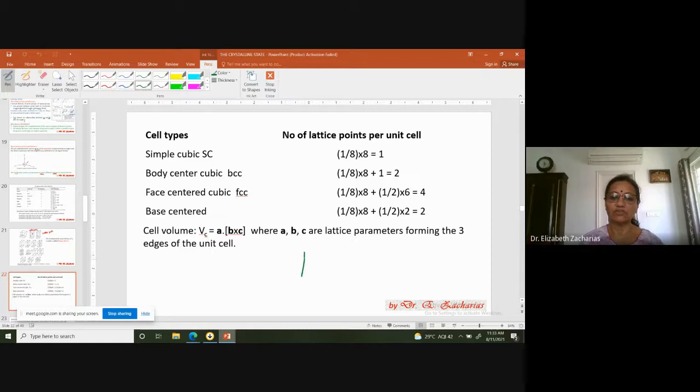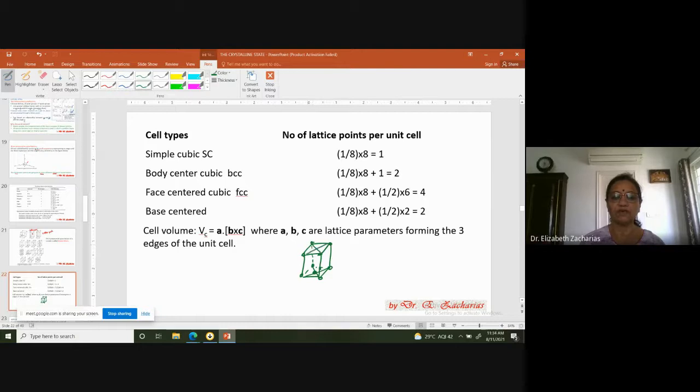Let's say we are talking about a structure like this, a Bravais lattice. There may be lattice points at all these corners, and additionally, on the base here, you have a lattice point.